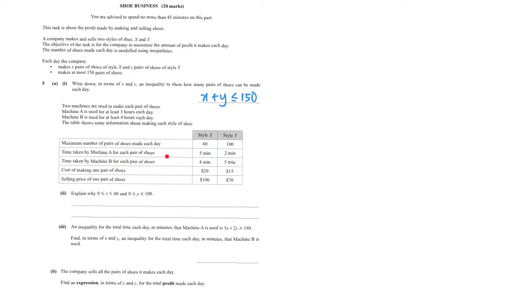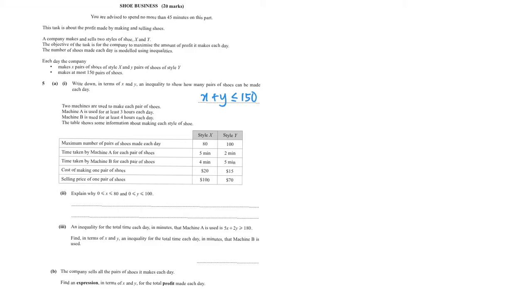And time taken on machine A is 5 minutes for X and 2 minutes for Y. And time taken on machine B is 4 minutes for X and 5 minutes for Y. And also the machines have information above here. So they are used at least 3 hours for A and at least 4 hours for B. Yeah, so have a look at this.